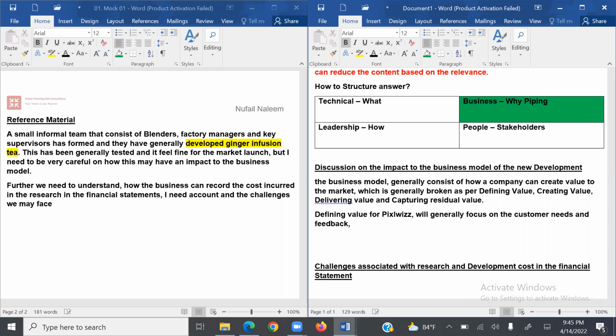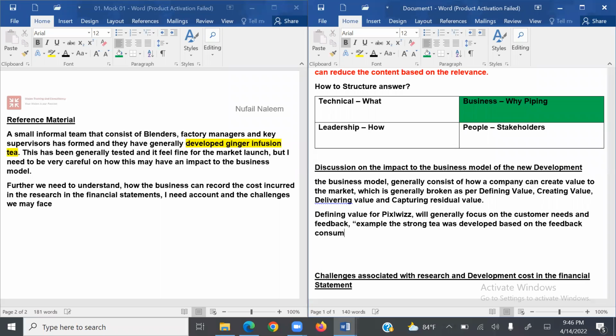I'll make a small quotation from the pre-seen material. Example: a strong tea was developed based on the feedback that consumers use 2 tea bags to make a strong tea.